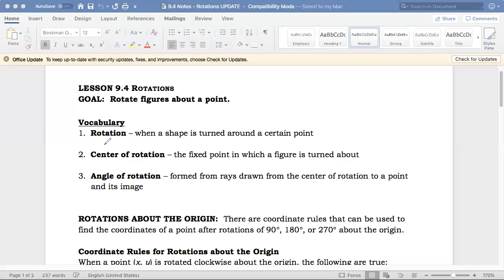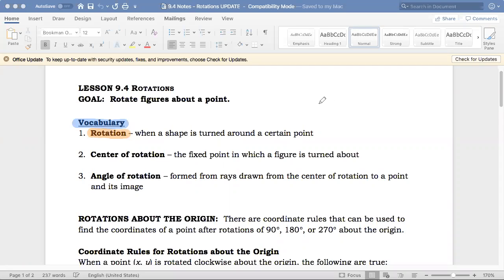So just to reiterate before we get started with that, I wanted to go over some of the vocabulary with you guys. The first thing we have is what a rotation even is. A rotation is when a shape is turned around a certain point.